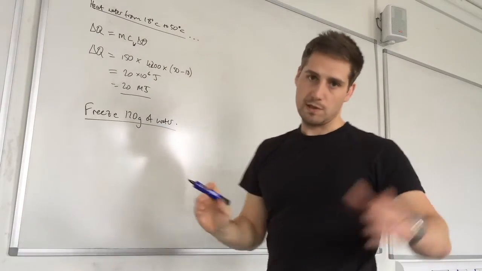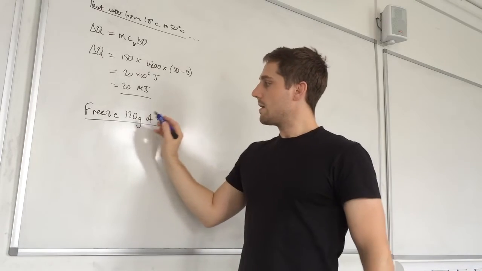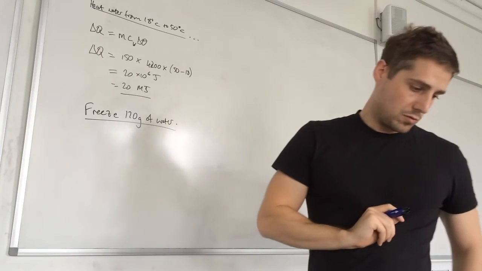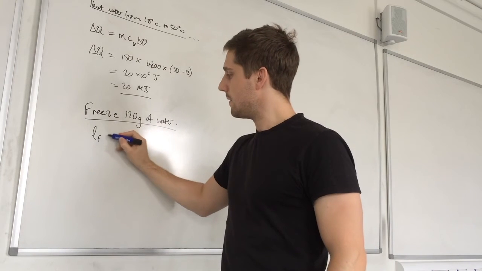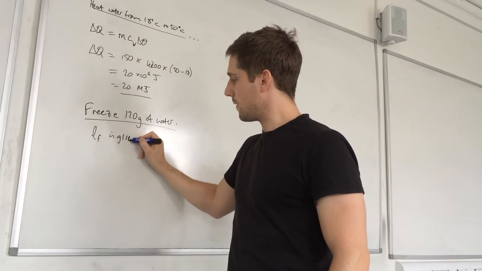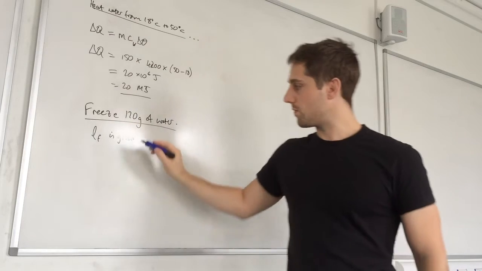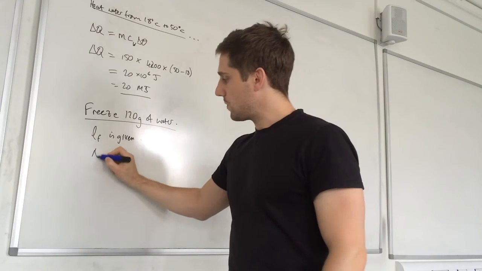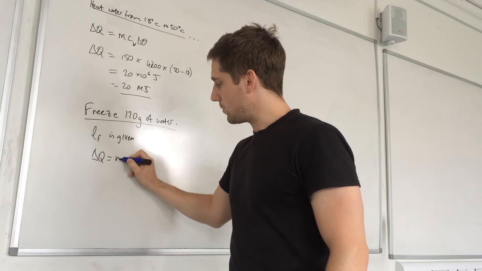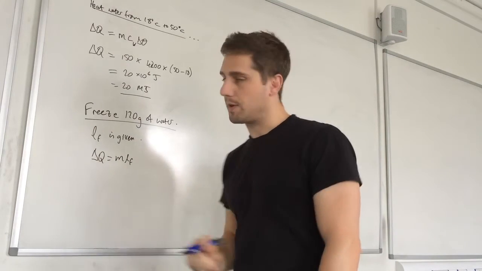There were additional details, they're on the handout, but not here. So this time we need to freeze this amount of water, and we're given the latent heat of fusion. Always look at what information is given to you. Now, here we need to use delta Q equals M multiplied by the latent heat of fusion.